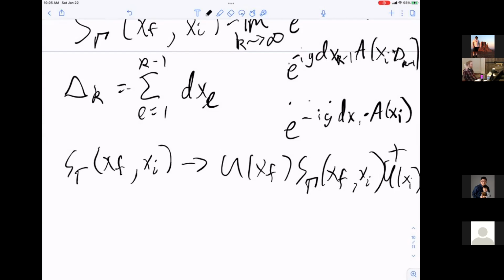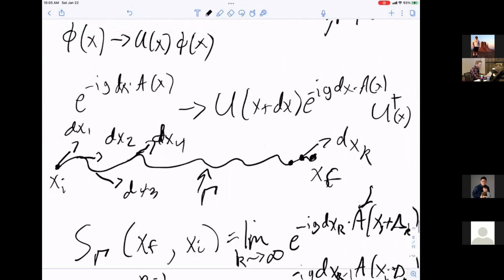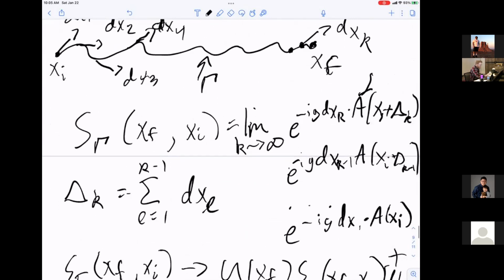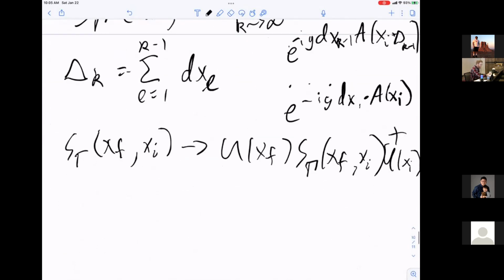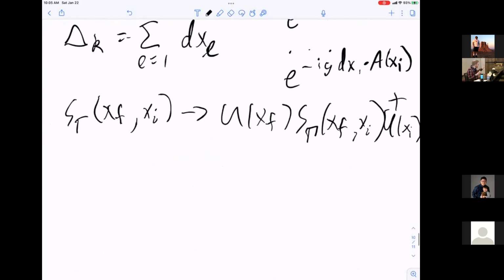In other words, I've moved my gauge transformation from xi all the way to xf. And that's just using this particular formula over and over again. So I've moved my gauge transformation from one spot to another spot.